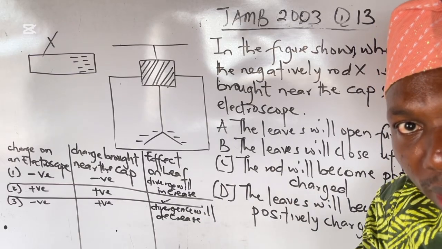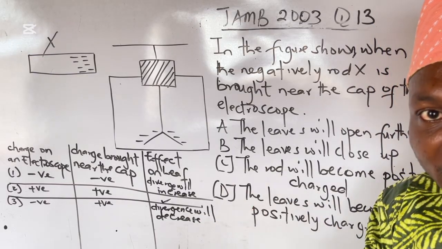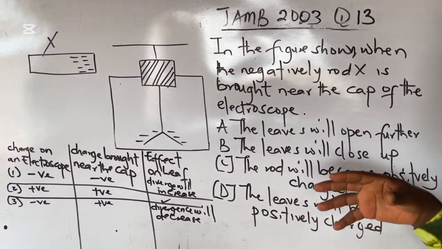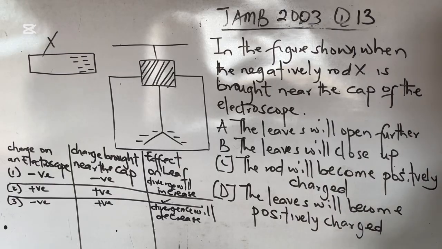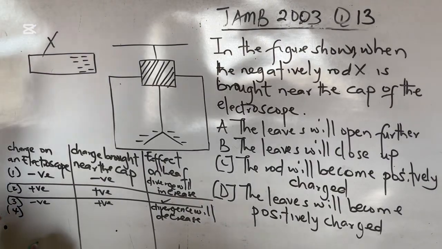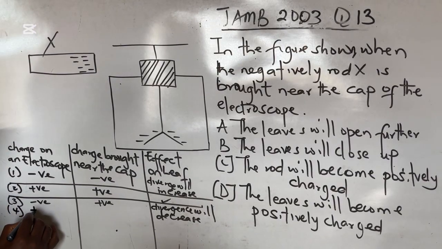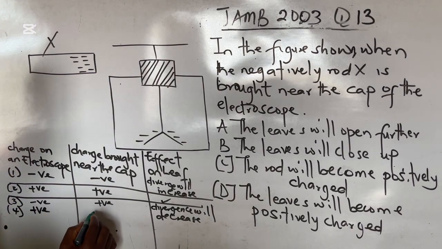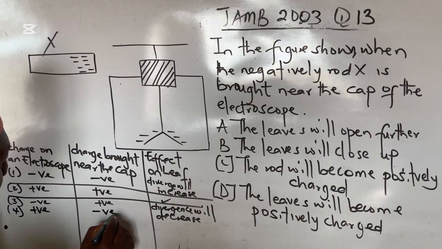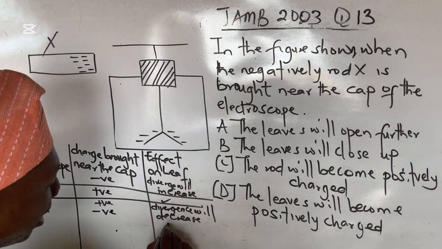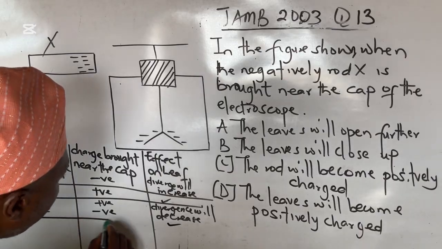A collapse means that they will come together. They will come close. Instead of opening further, the leaf will close up. It will collapse. The fourth one, when the electroscope is positively charged and a negative charged rod is brought near the cap, different sign, the leaf will also decrease.